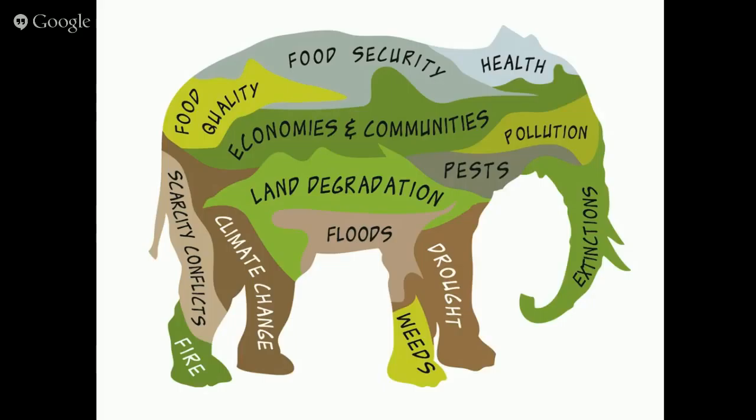For example, you all know the Keeling curve of rising carbon dioxide. We map extinctions, we map pollution, we map health problems, food security issues. We map and collect data on economies and communities, all these different issues. And we do a lot of research and prediction based upon this data and the mapping.